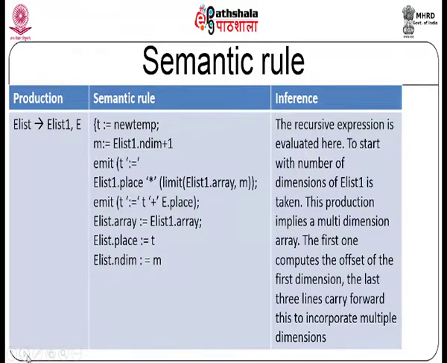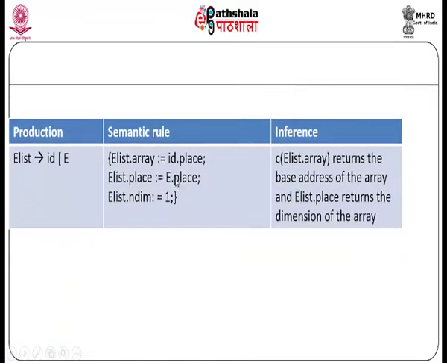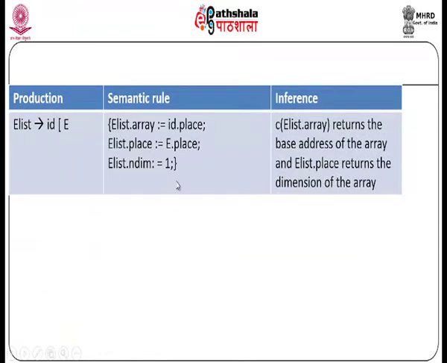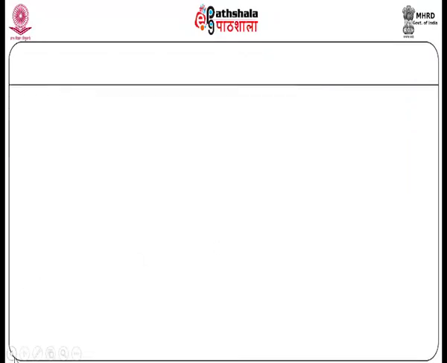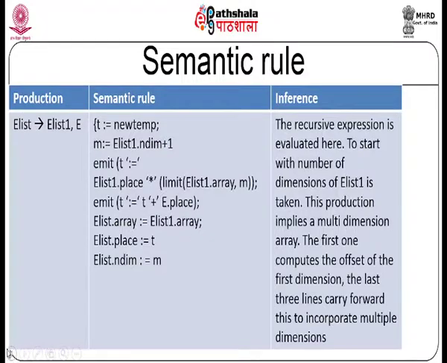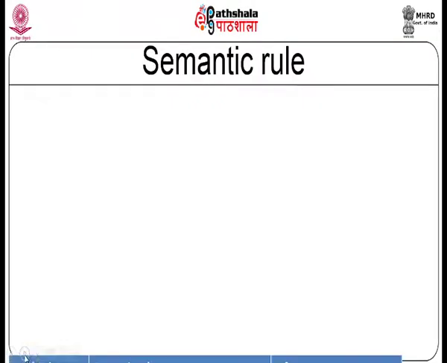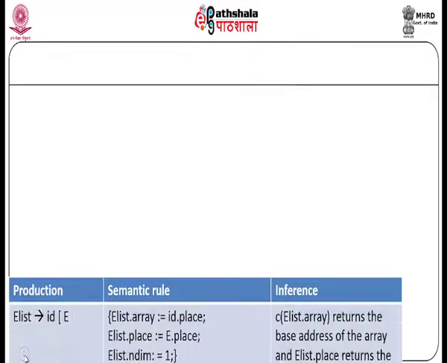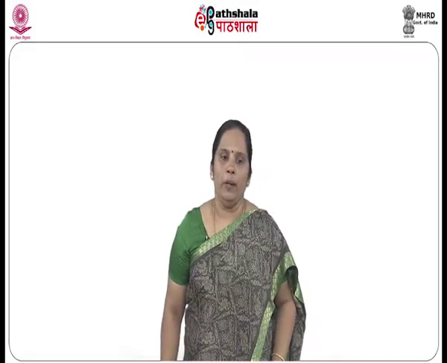So you start with a default number of dimensions as 1 here, and that gets incremented in the previous calls. So the C of E list.array returns the base address of the array, and E list.place returns the dimension of the array. That is also done here. Okay. So with reference to this, these are your semantic rules. Now with the semantic rules in mind, let us consider this example where I have a 10 cross 20 array.